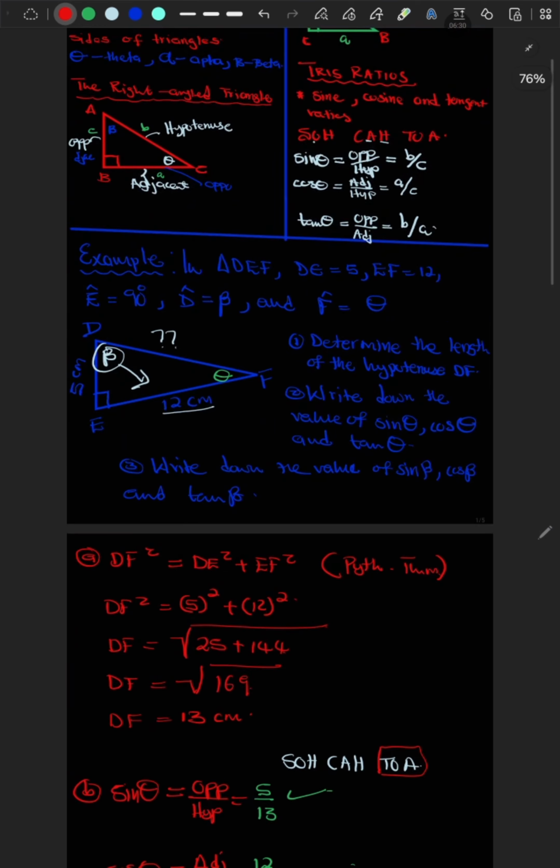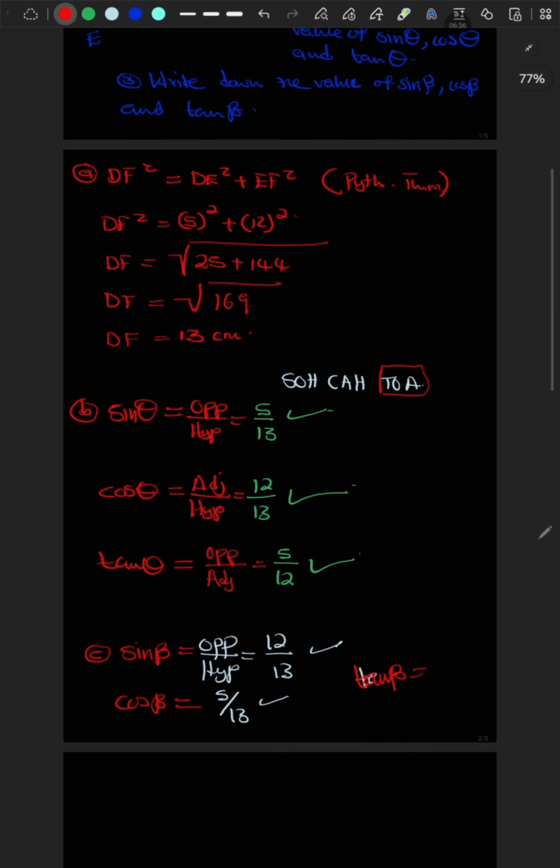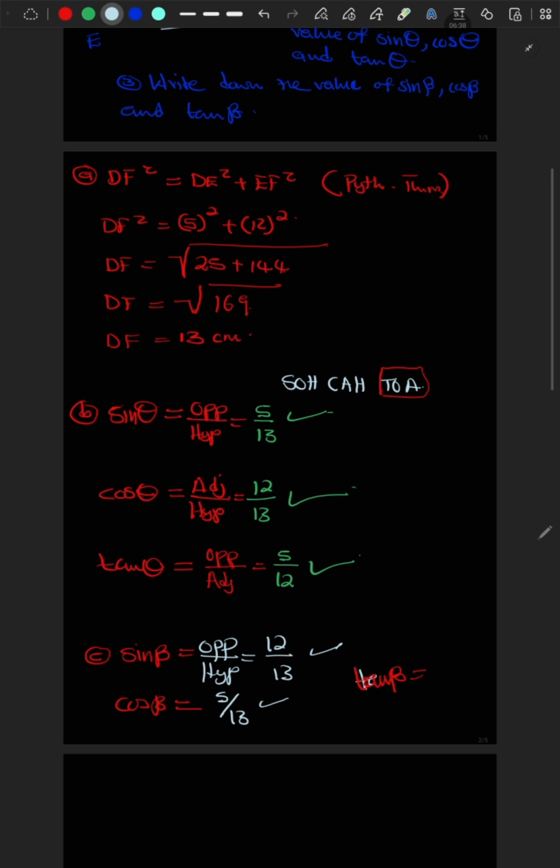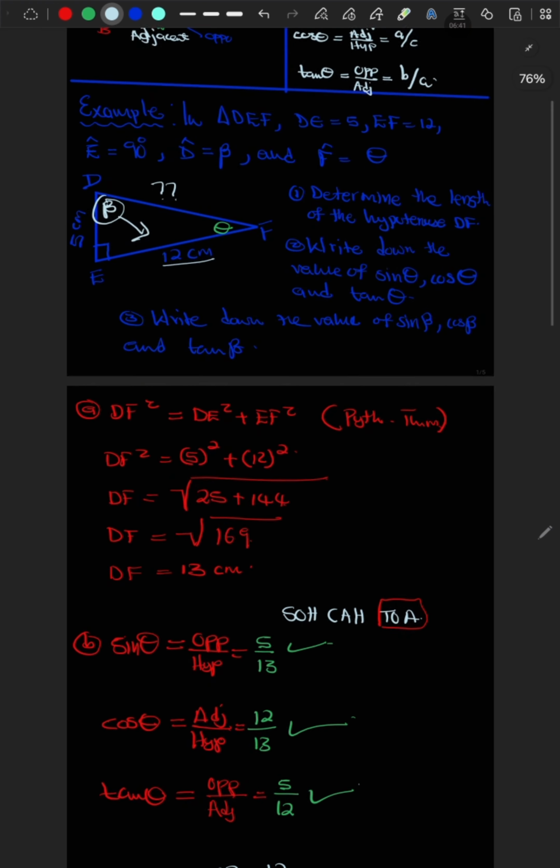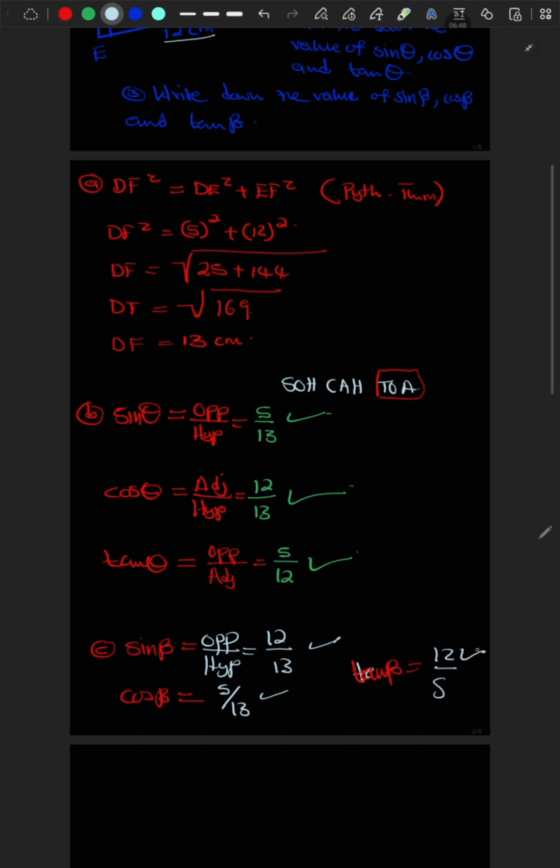What is opposite to beta? It is 12 centimeters again. So it's going to be 12 over what is adjacent to the angle beta, which is 5. So it's 12 over 5. These are your answers.